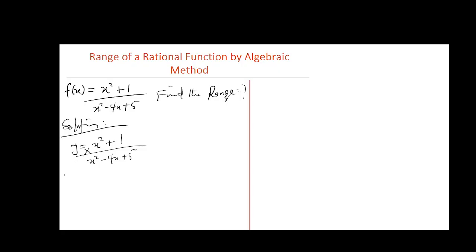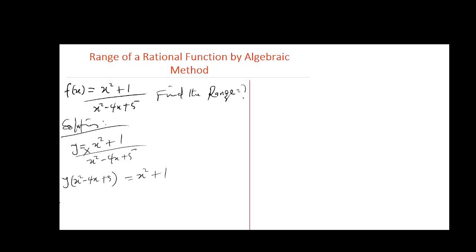We can cross multiply here so that y multiplies the denominator. We are going to have y multiply x squared minus 4x plus 5 equal the numerator x squared plus 1.